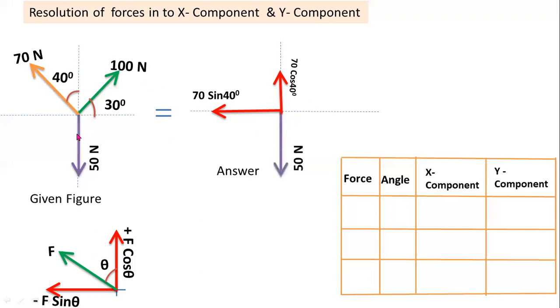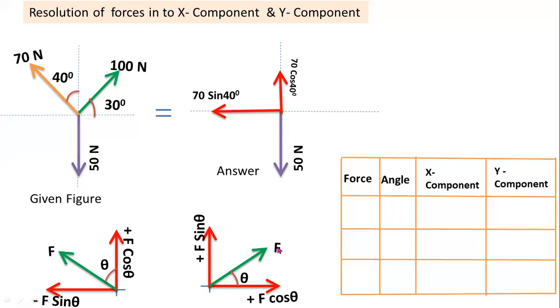Now I am drawing this vertical force as it is. There is no need to convert this vertical force. Now I am going to convert the inclined 100 newtons force into horizontal and vertical forces. This 100 newtons force lies in the first quadrant, so I am considering the first quadrant formula.